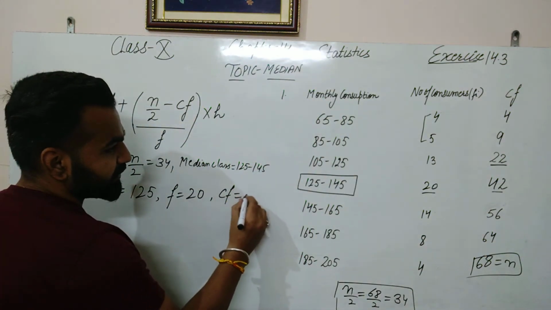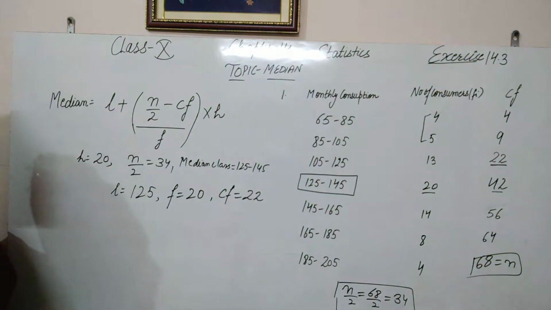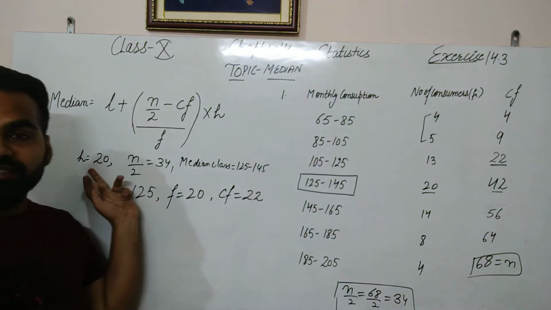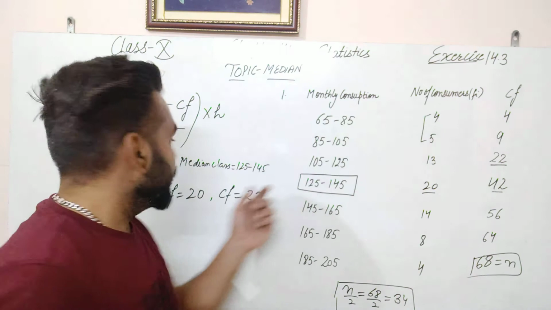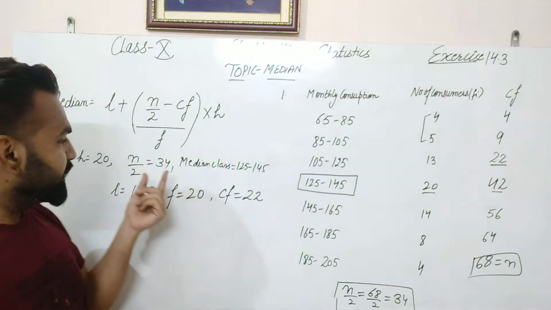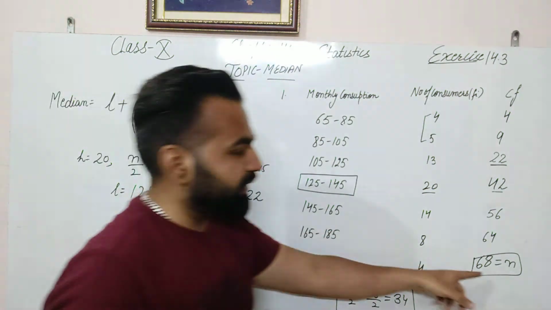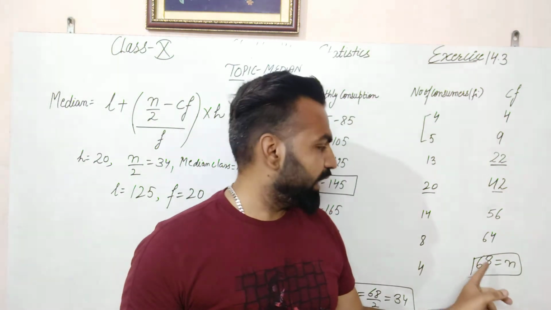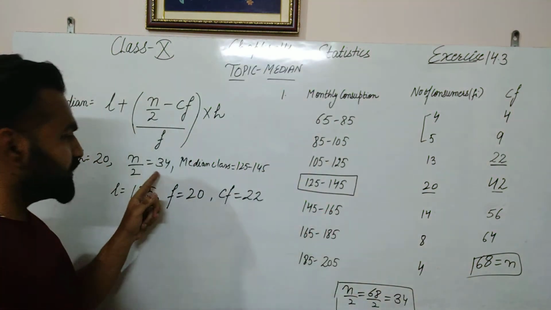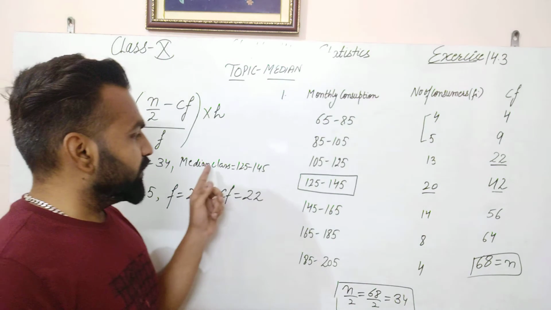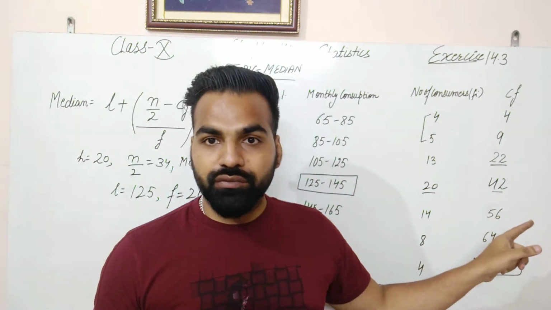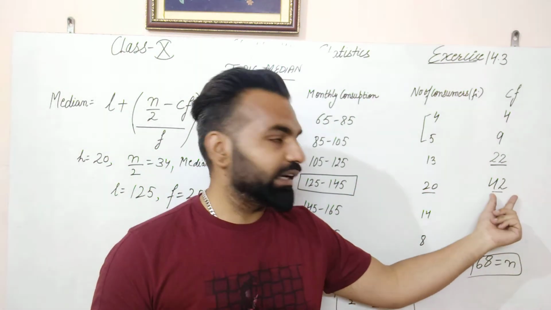So CF is 22. So I am repeating, h is 20, the class size here. To calculate the median class, we will check the value of n by 2. n is the total final number here. n is 68. So n by 2 is 34. So check the CF which is closest to 34 and greater than 34, that is 42.